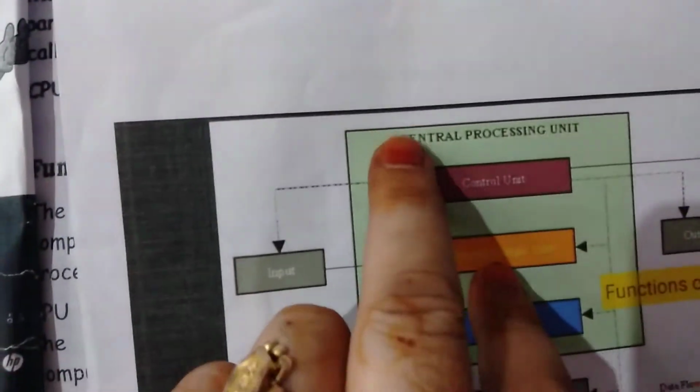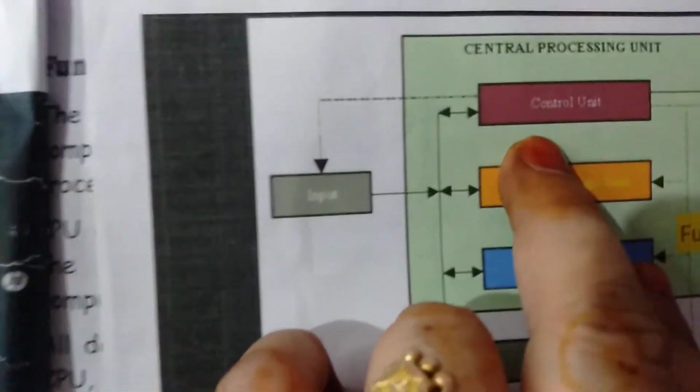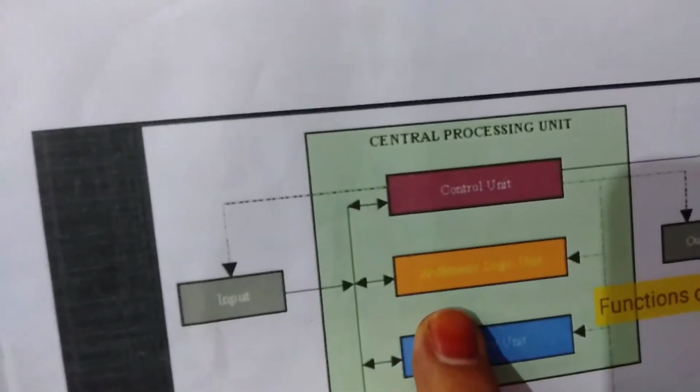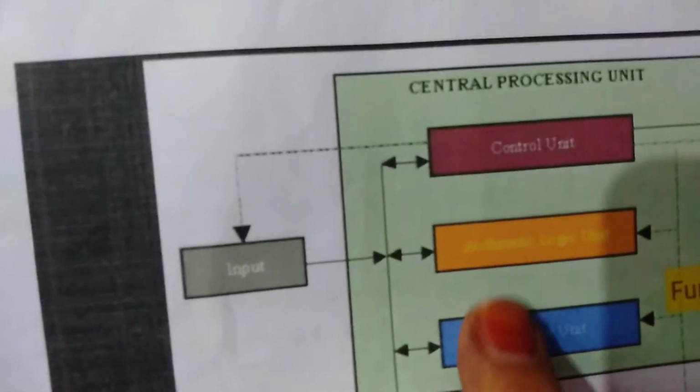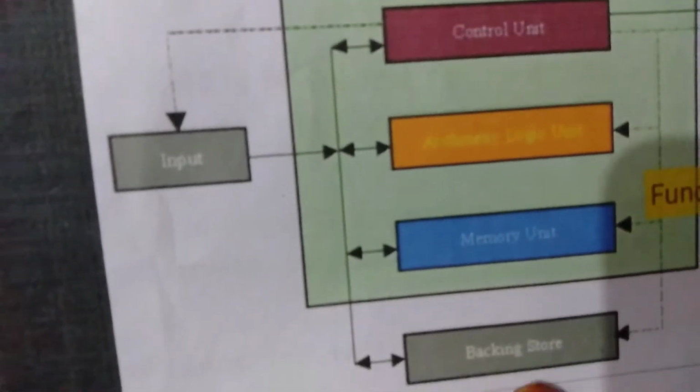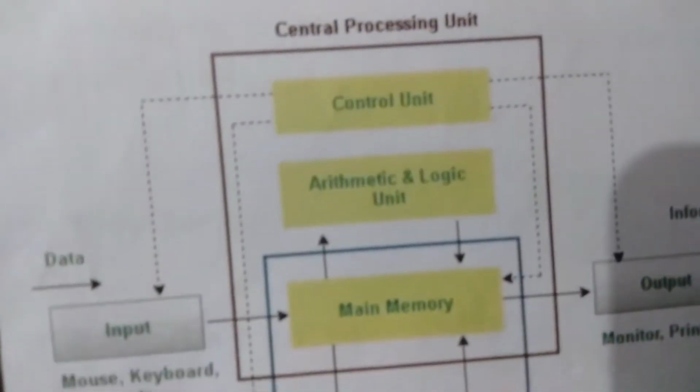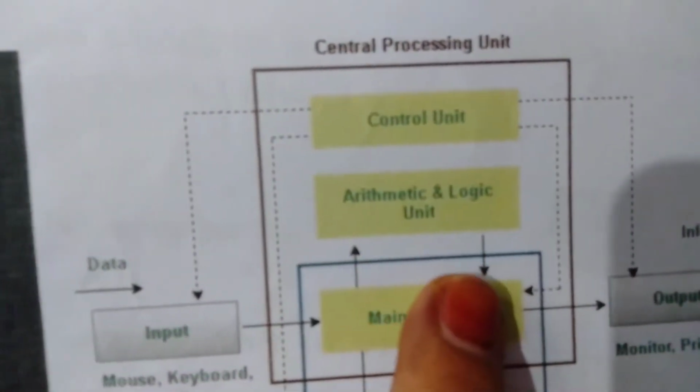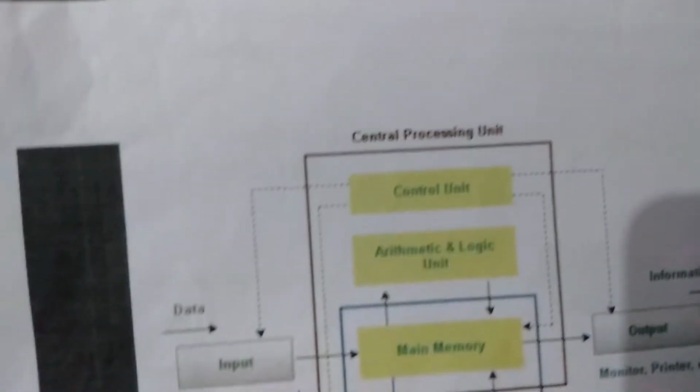Here are the operations. You can understand nicely by this. It is the central processing unit, this is the control unit, this is the arithmetic logic unit, and this is the backing store. This is input and this is output. Understood? Central processing unit, control unit, arithmetic unit, the same thing is here.